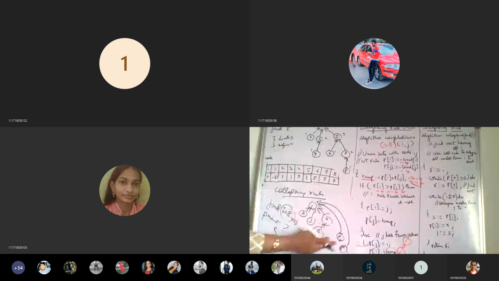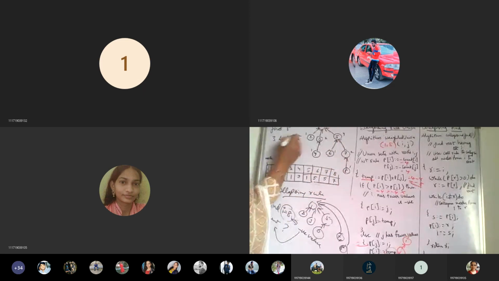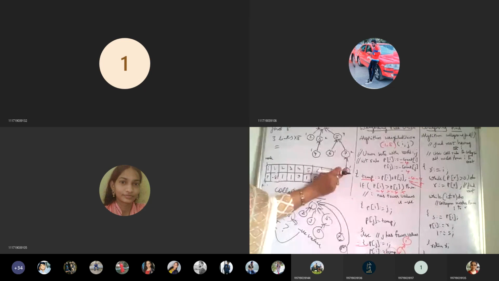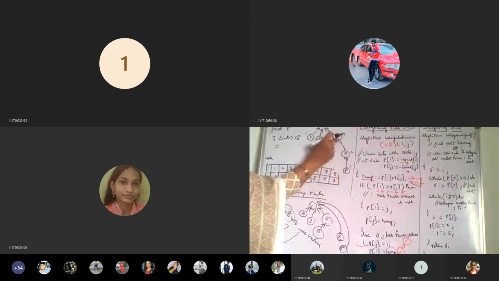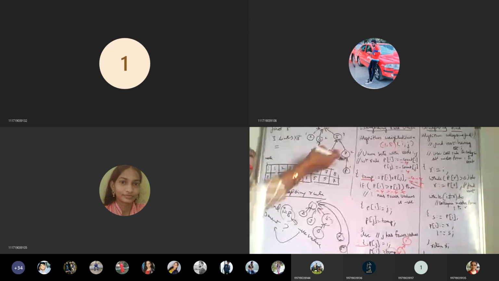So that's how it will be 3 links. Here, what exactly we are going to do is, in the worst case I'm telling you, we have 3 links, and that is for 8 nodes. 8 going to 7, 7 going to 5, 5 going to 1. So 1, 2, 3, 3 steps it's going above.